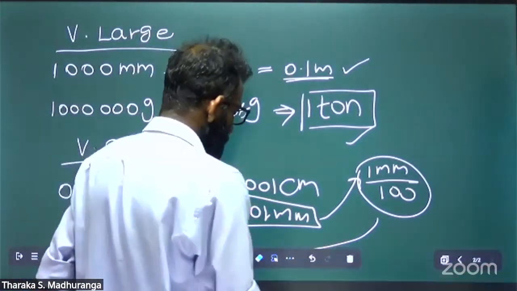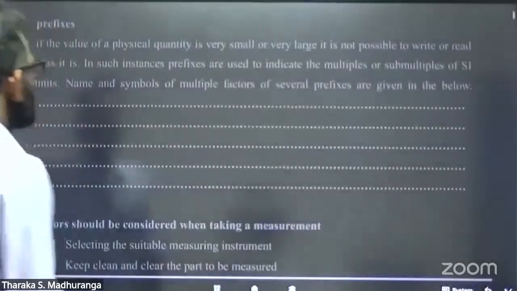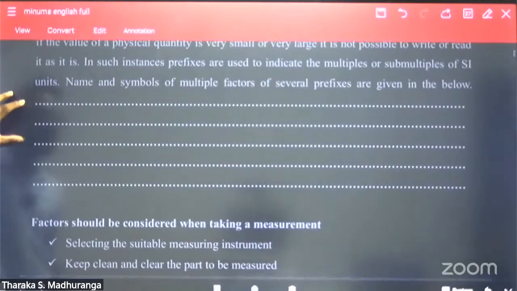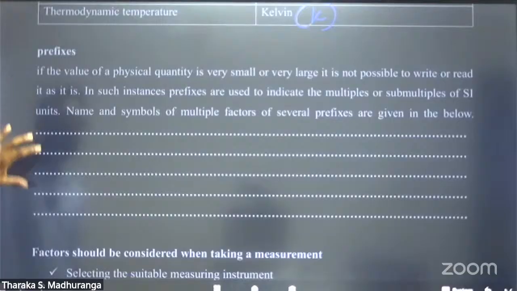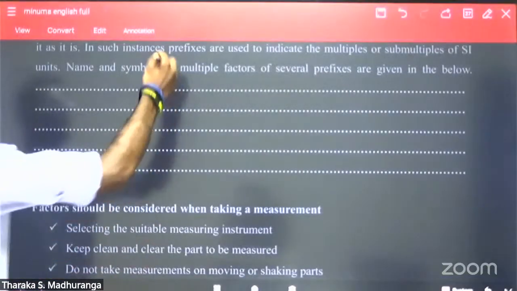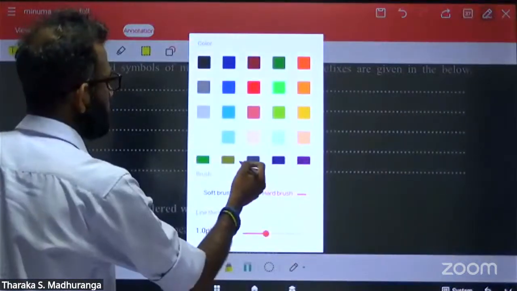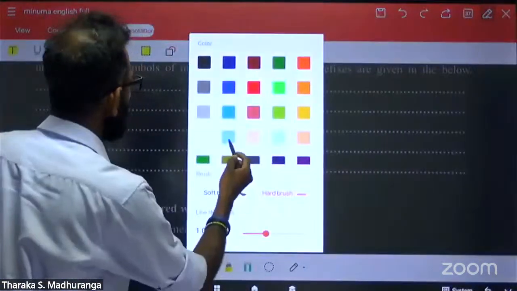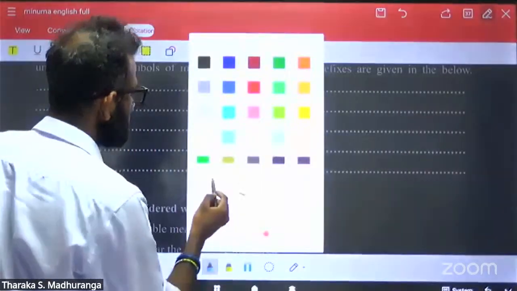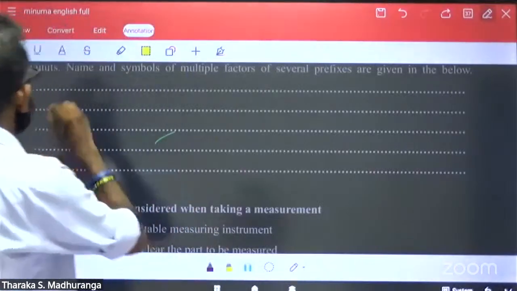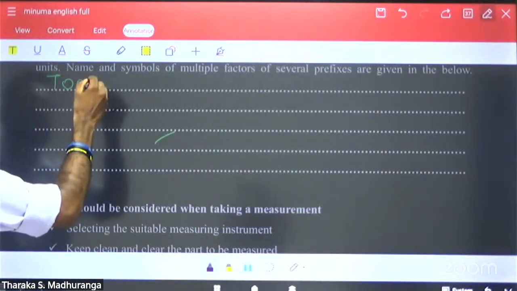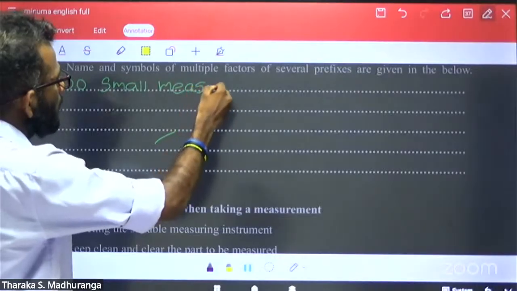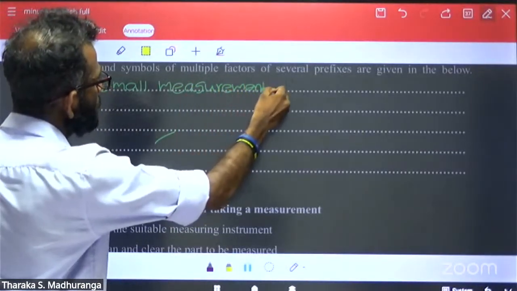Okay, now I will give you a few examples. Write down here. Two small measurements.